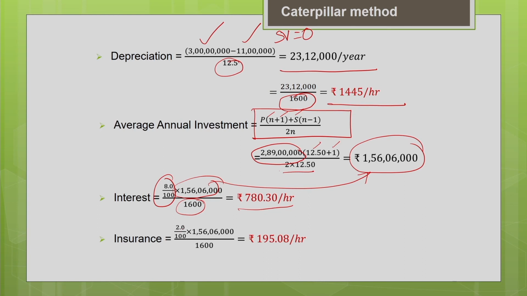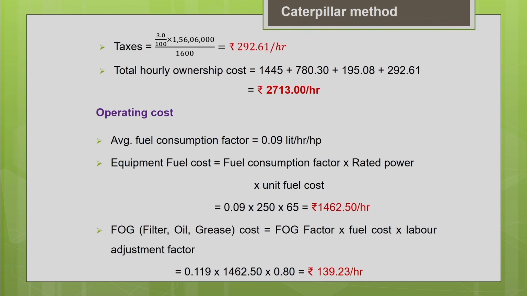Similarly, insurance is 2% of the average value of the machine divided by the annual usage in hours. That gives you the hourly insurance cost of rupees 195.08 per hour. Similarly, taxes are taken as 3% of the average value of the machine divided by the annual usage of the machine, which is 1,600 hours.